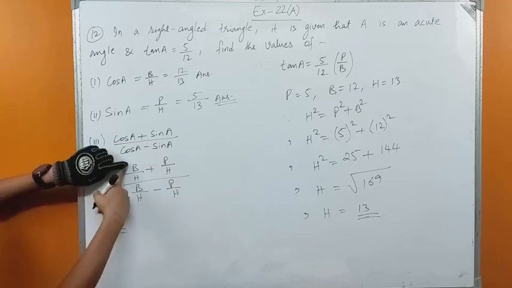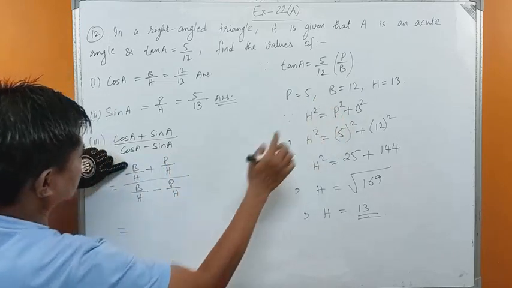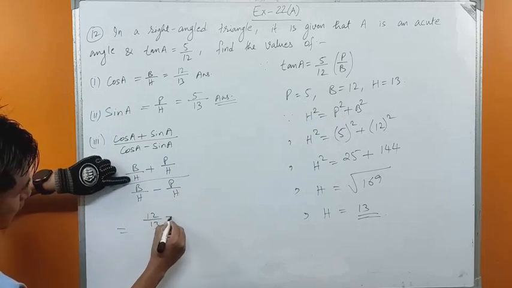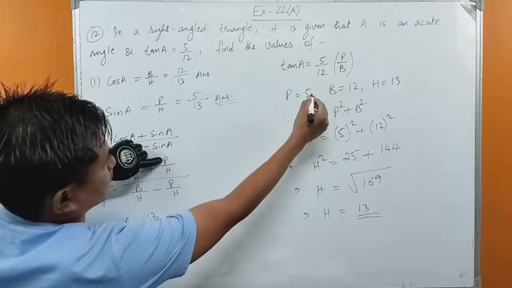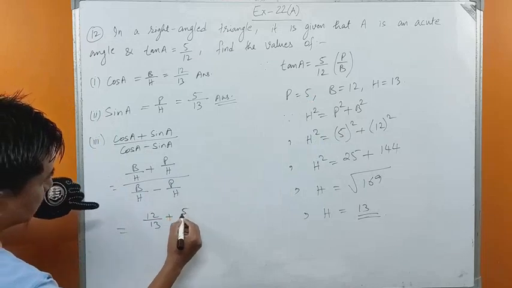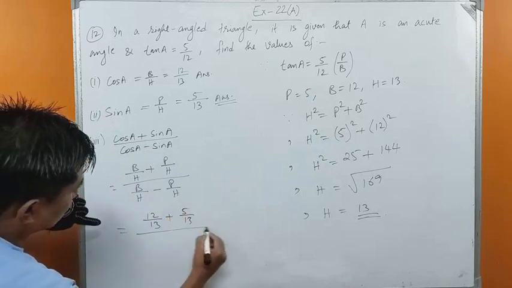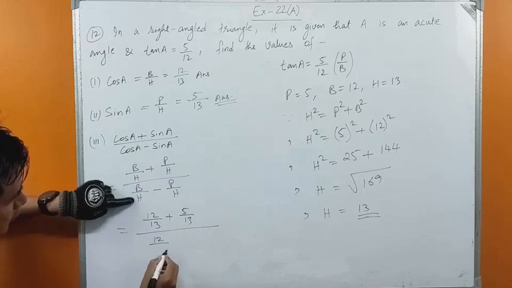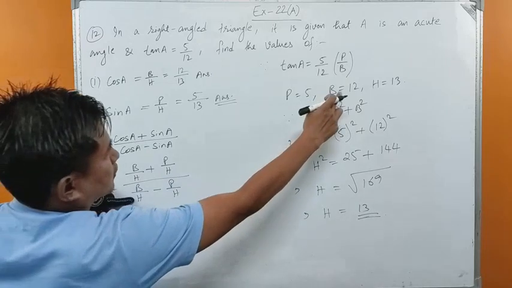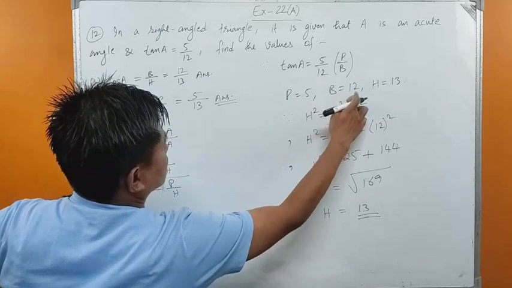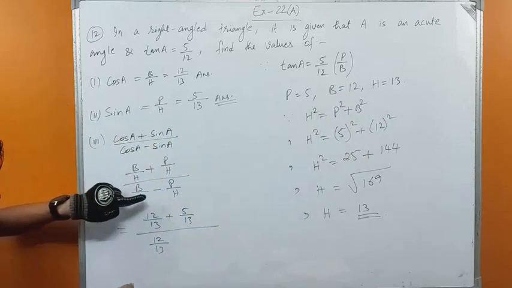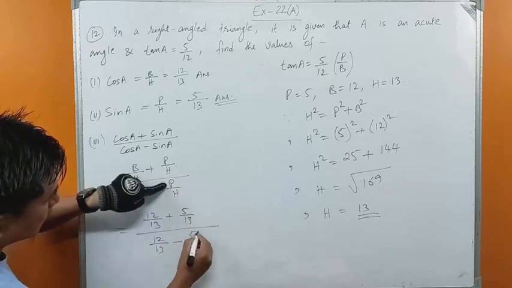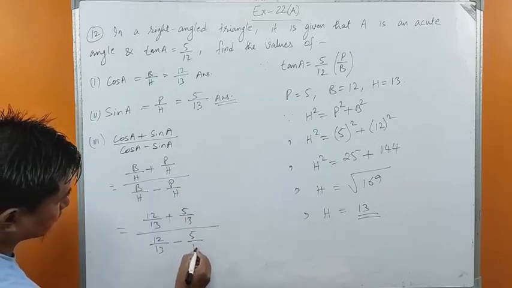Base is 12, hypotenuse is 13, perpendicular is 5. So we get 12 upon 13 plus 5 upon 13, whole upon 12 upon 13 minus 5 upon 13.